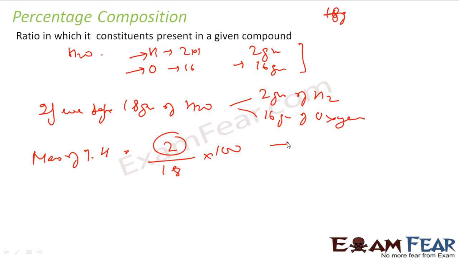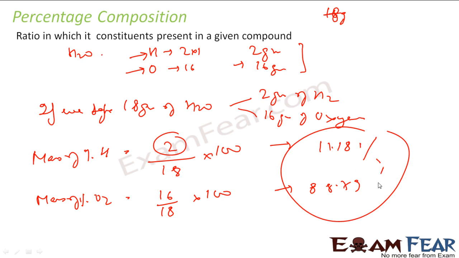And the mass percentage of oxygen will be 16 by 18 into 100. This will come out to 11.11% and 88.89%. So this is my percentage composition of hydrogen and oxygen.